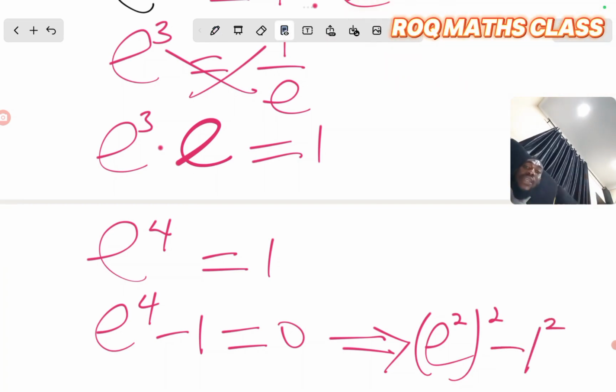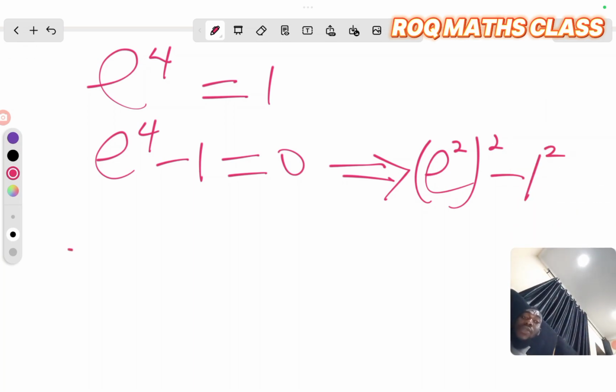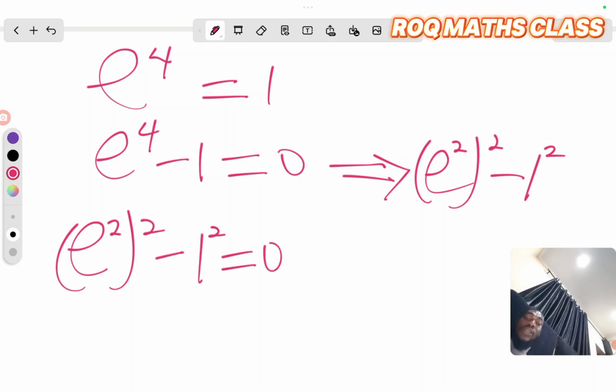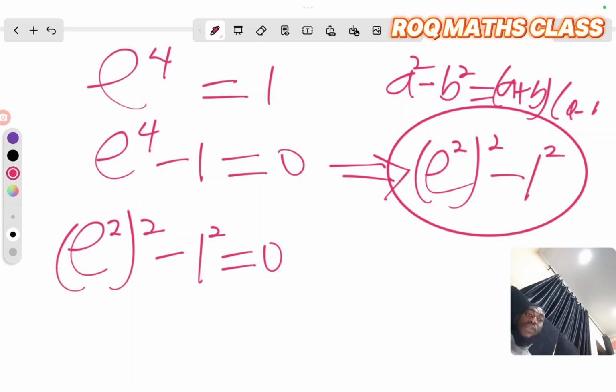So now let's take it together. In that case, we are going to pick this, which is e to the power of 2, to the power of 2, minus 1 to the power of 2, equal to 0. This is the same thing as a difference of two squares. Whenever you have a squared minus b squared, this is the same thing as a plus b multiplied by a minus b.